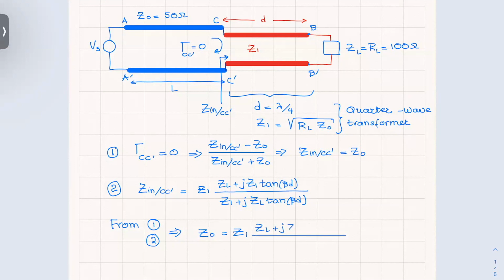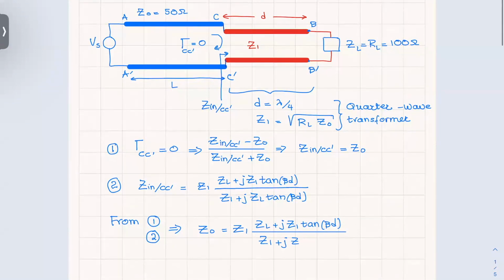For an arbitrary value of D, that is going to have a real and an imaginary part. So let's see how we can get rid of the reactive parts. Because if I keep the j components there, I know it's going to give me a complex number. And I cannot have, Z naught is real. I cannot have Z naught equal to a complex number.